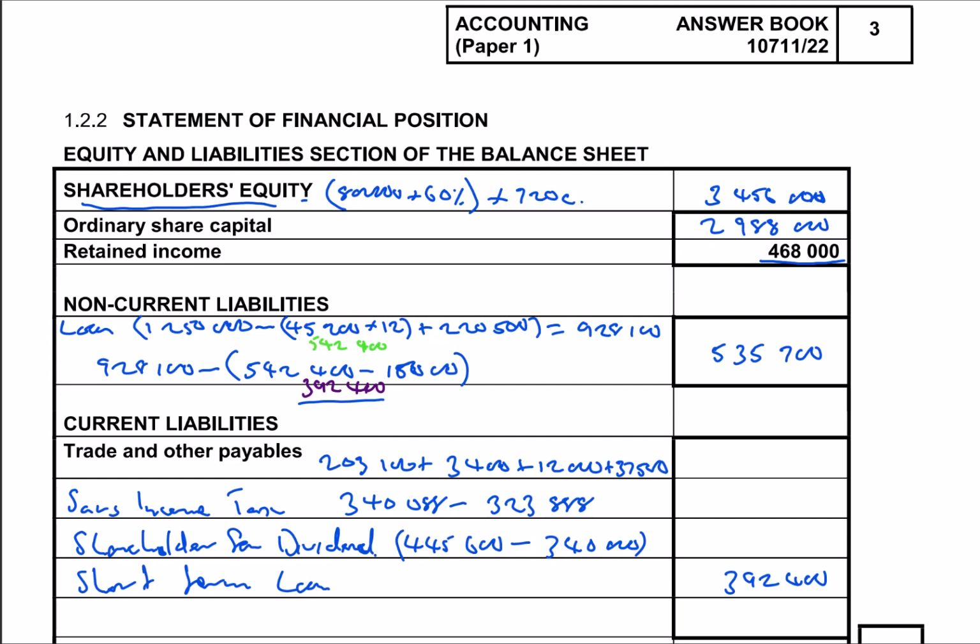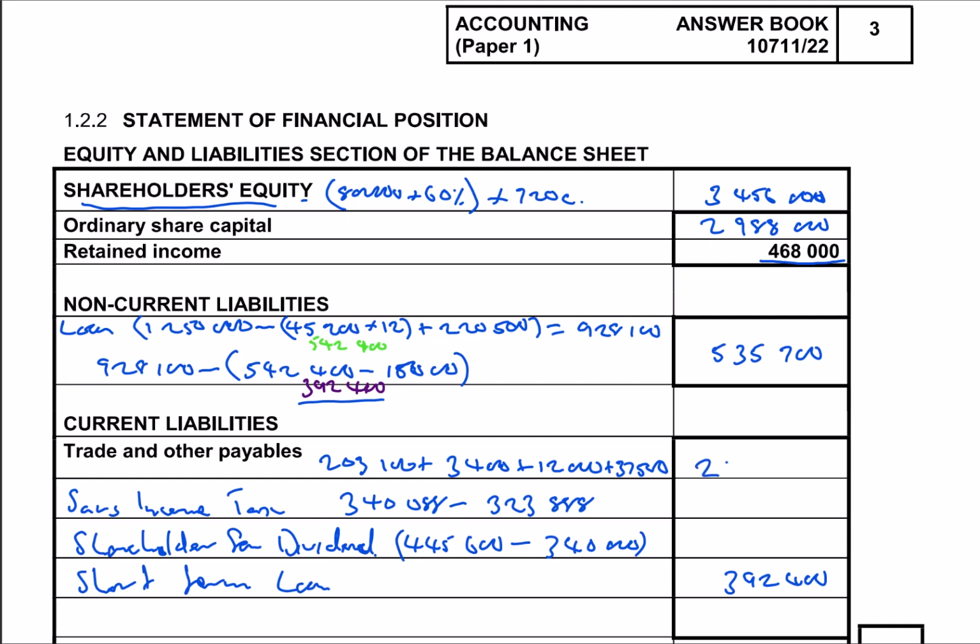Let's calculate the rest. That is 203,100 plus 3,400 plus 12,000 plus 37,500.